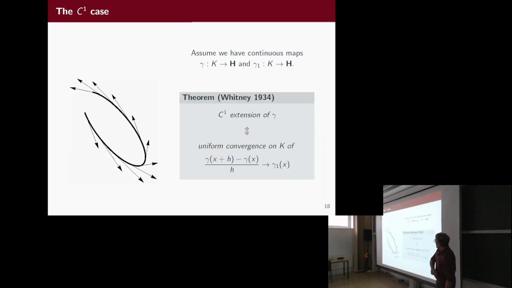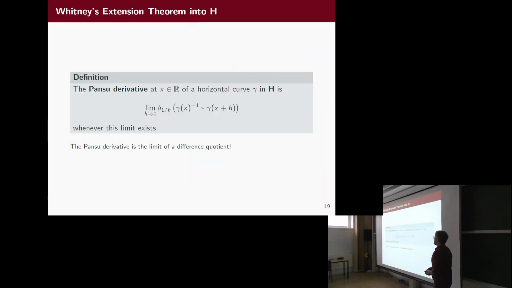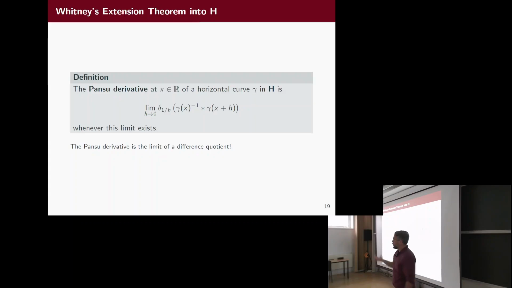It turns out that in Carnot groups, specifically in the Heisenberg group, there's a very natural generalization of the difference quotient, or the regular derivative, sorry, to what's called the Pansu derivative. And the Pansu derivative satisfies a Rademacher theorem.